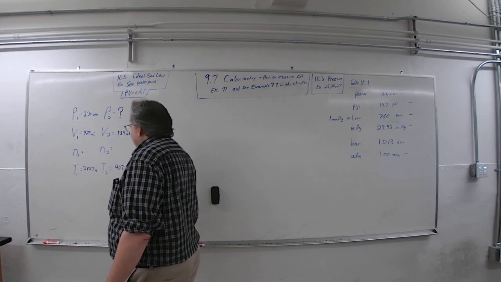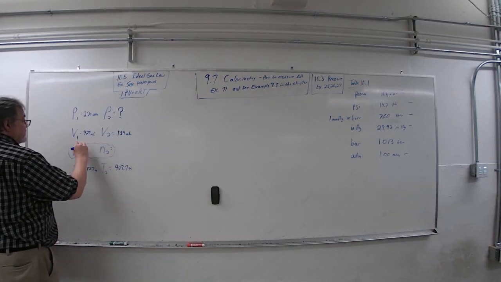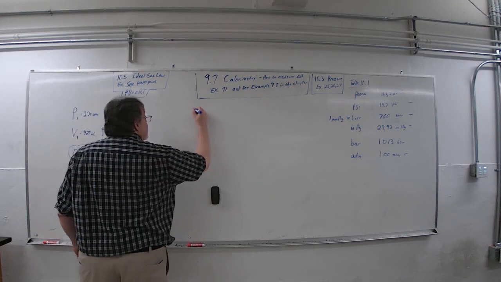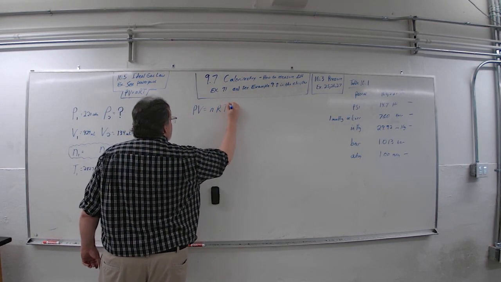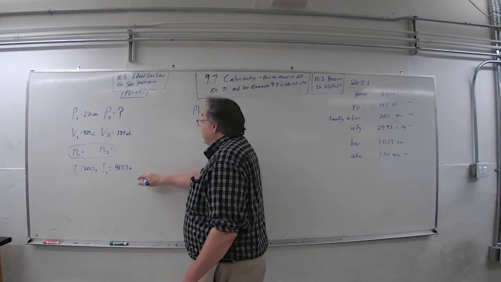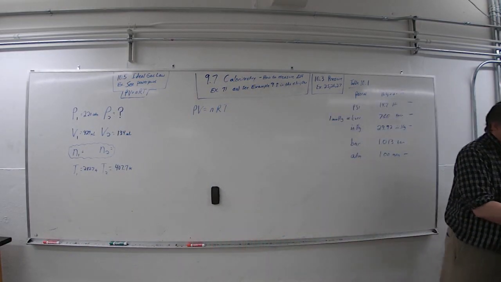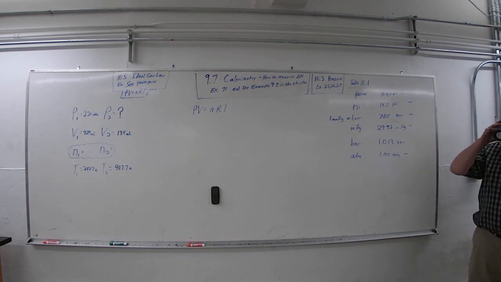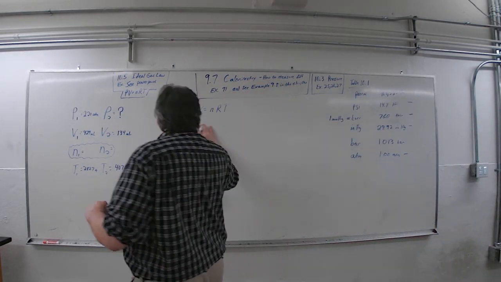Okay, so we only have this that stays constant. So we need pressure, volume, and temperature on the left. Those are the three things that are changing, so we want those on the left.